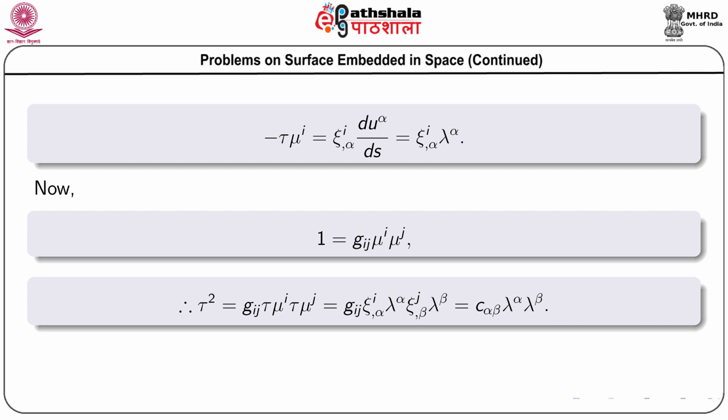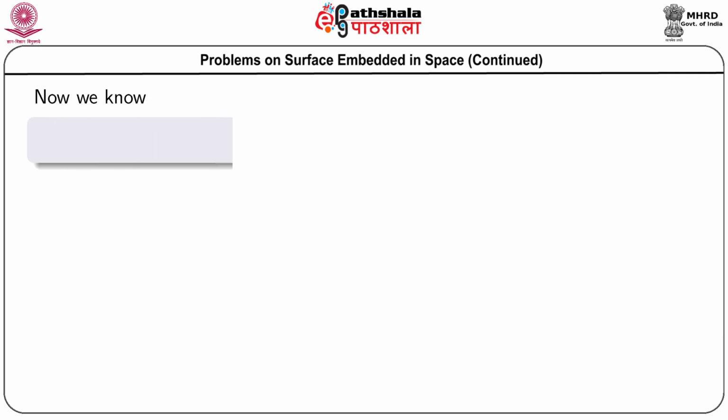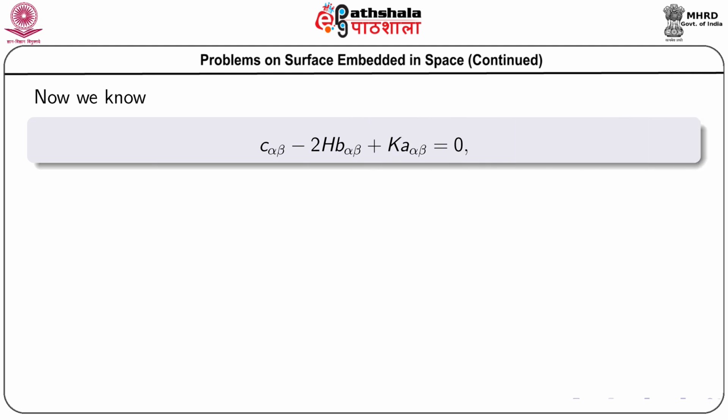So, it becomes c alpha beta lambda alpha lambda beta. Again, from the relation between the three fundamental forms, we also have this equation, that c alpha beta minus 2 H b alpha beta plus K a alpha beta equals 0.